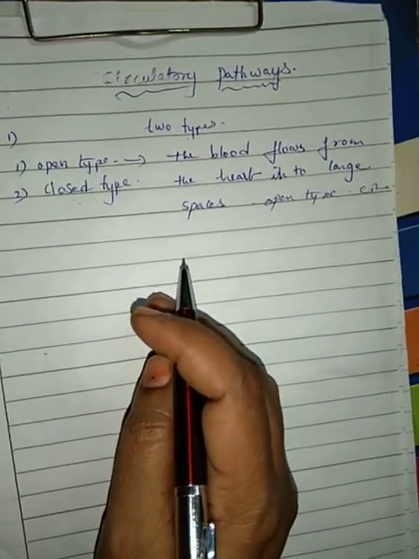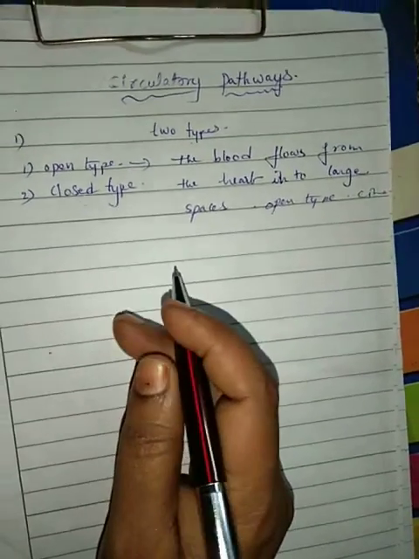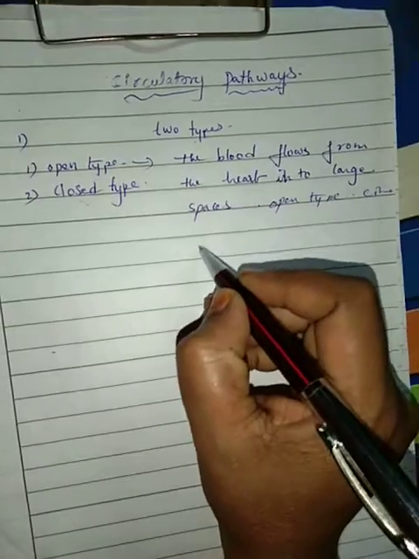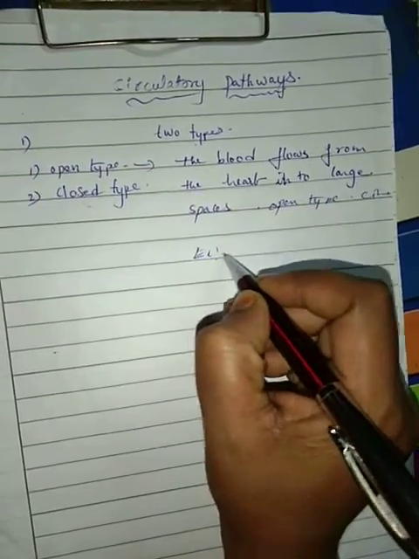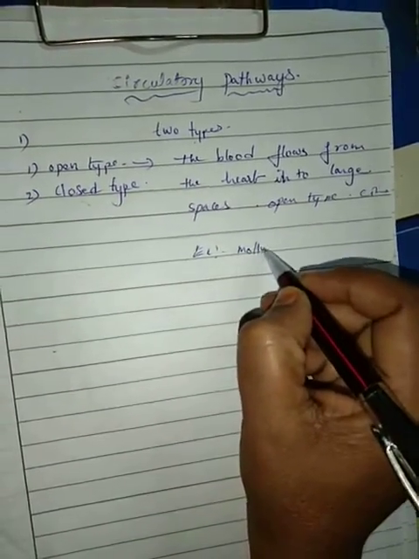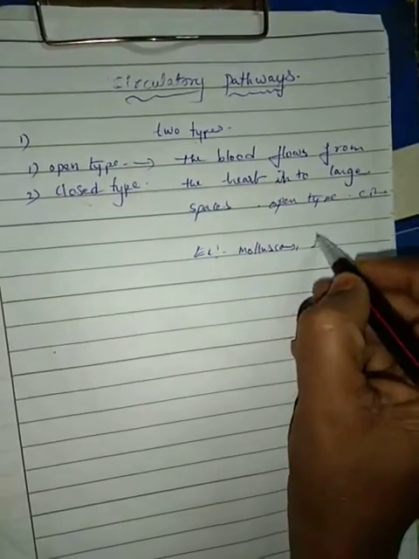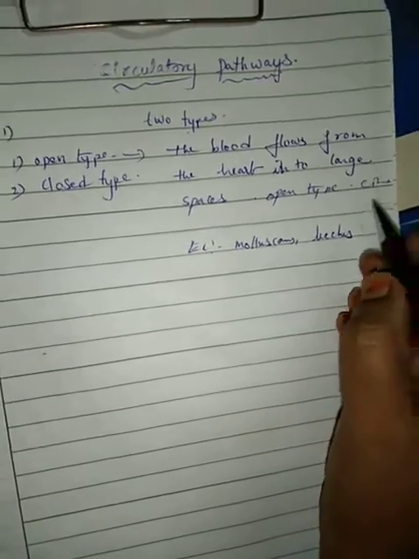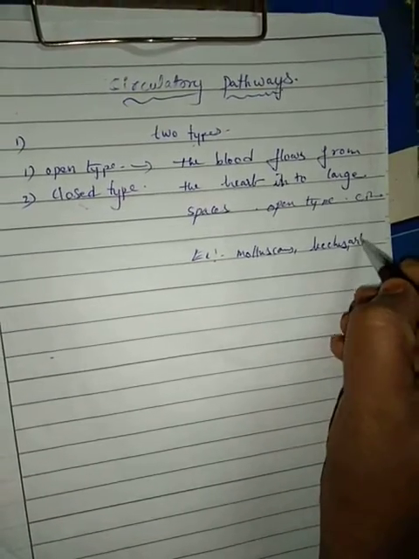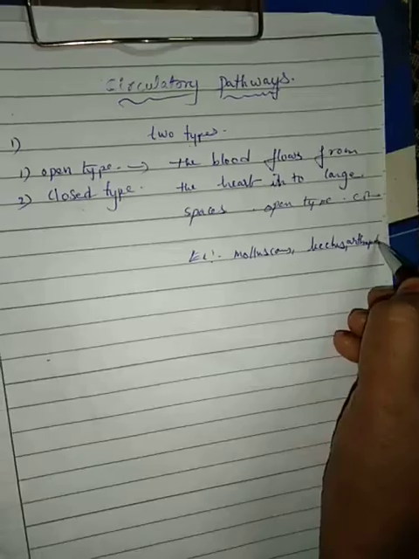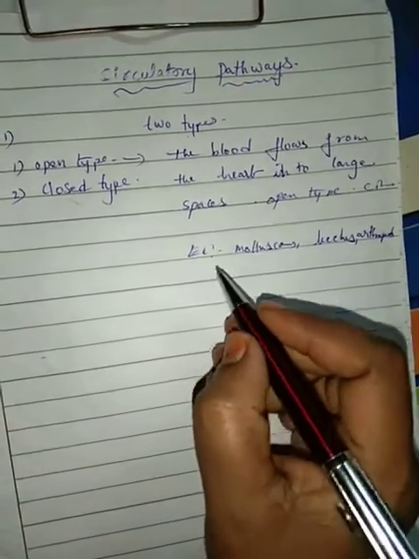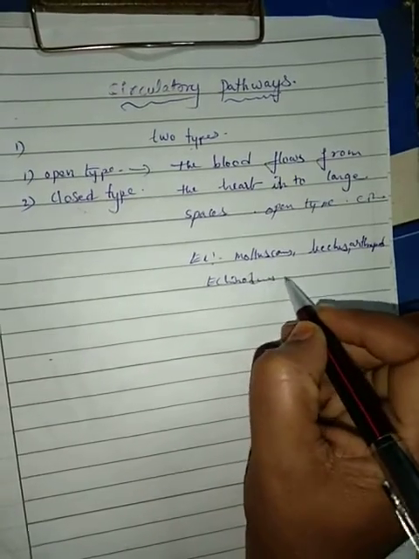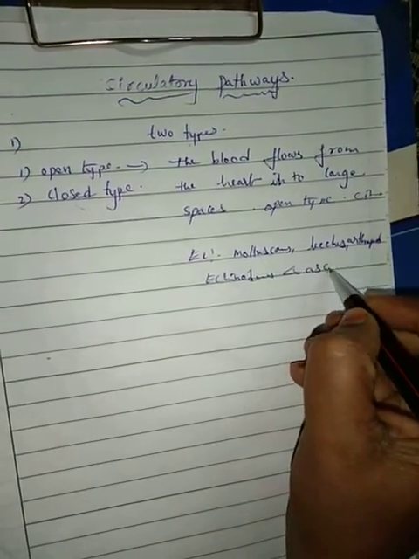Open type of circulation is present in molluscans, leeches, arthropods, echinoderms, and ascidians.